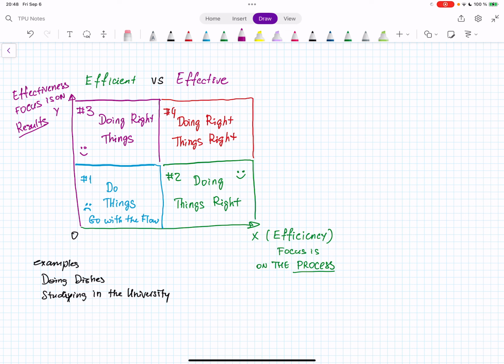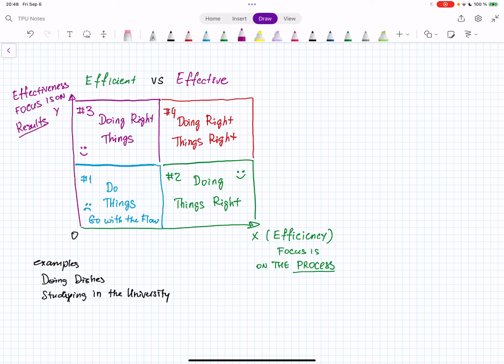And of course, the idea I want to share with you is that it's always good to try to move in the direction of doing right things right. In other words, when you know what your life is about, what your goals are, and you know the technology of things, and you try to do the right things right, because this brings more success to you.